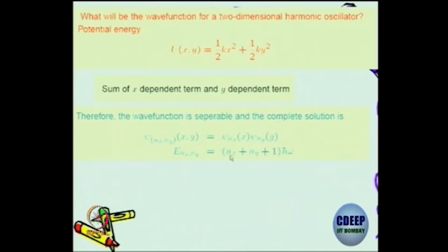They can be added to give nx plus ny plus 1 times h cross omega, and the wave function is a product of two wave functions. The forms are exactly similar to your one-dimensional harmonic oscillator, only variable x will be replaced by variable y and the appropriate quantum number. There is one more feature once you go to two dimensions. What is the feature? The degeneracy of any level, given an integer n equal to nx plus ny. It's actually a whole number, it could also be 0.